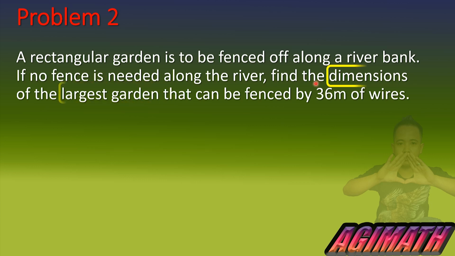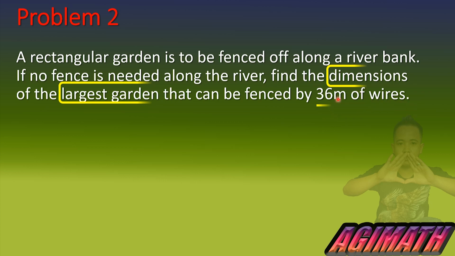Meaning, problems about quadratic function will always contain the largest or the maximum, because it's all about quadratic function. And then another important given, we have the perimeter, which is 36 meters of wires.